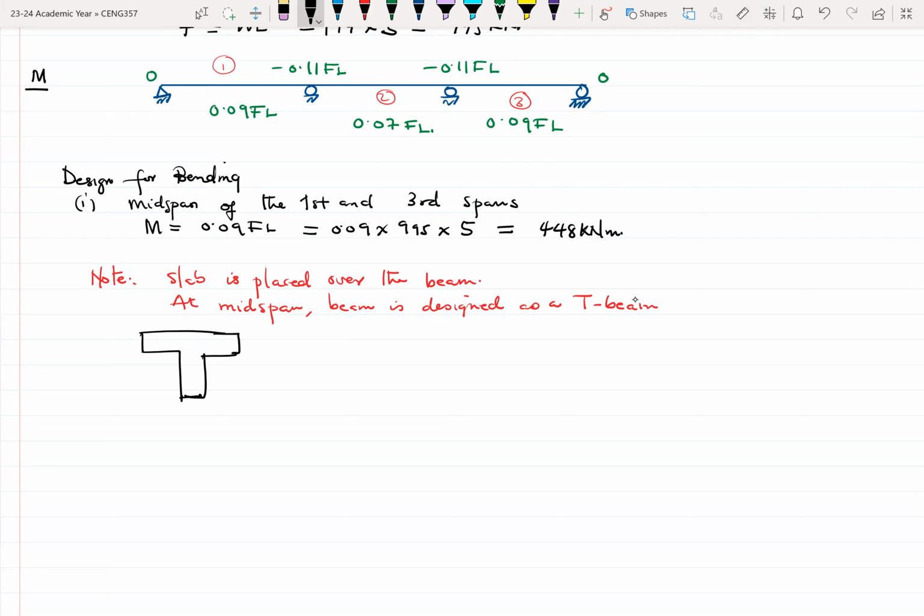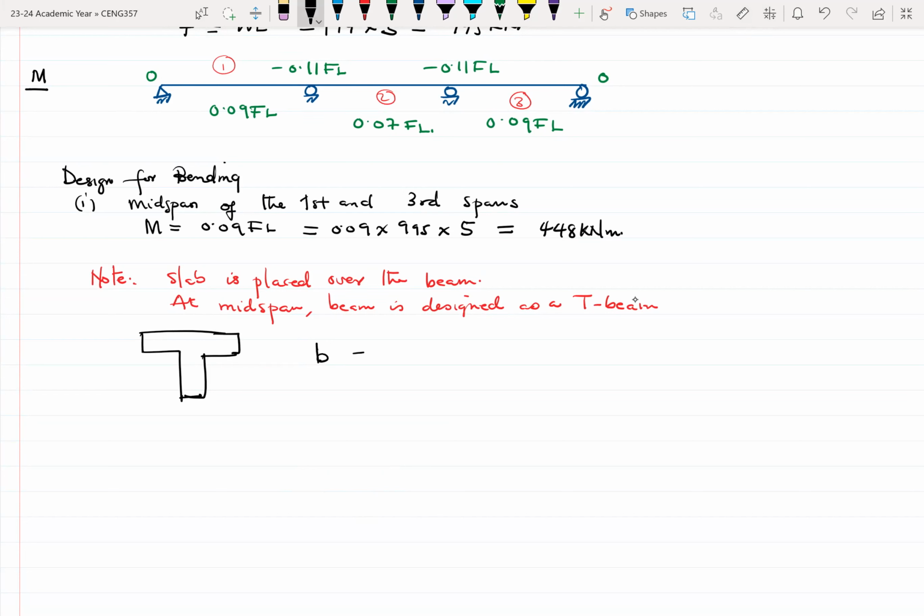Now, I think it's lecture 4, lecture 5, one of them, we need to find the effective width, BW. Sorry, the effective width of the flange. So let's say just a B. Okay.